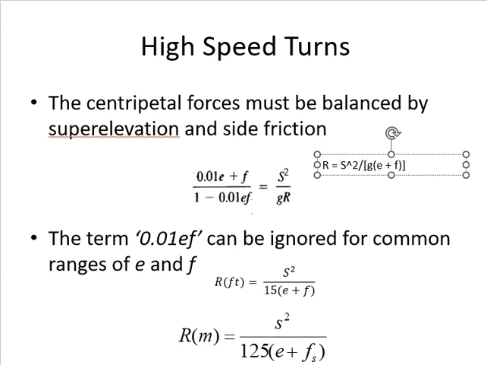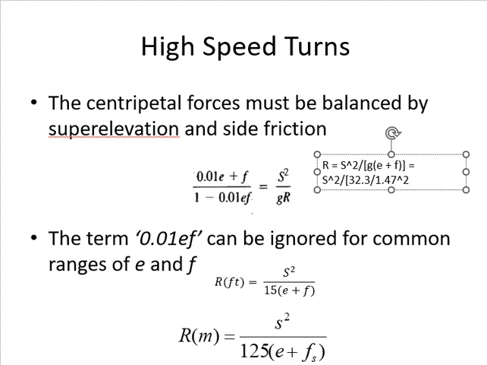So in the end I had G. G is 32.2 in feet per square seconds, and then I have the conversion of S from miles per hour to feet per second, which is 1.47 squared. Why square? Because speed is squared.